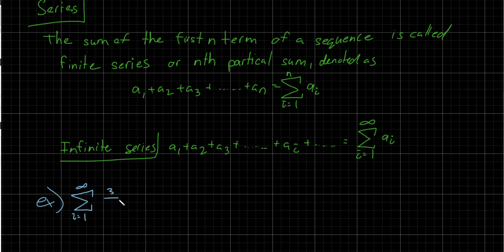We'll do 3 over 10 to the i. I want you to find two things. Is this infinite or finite? Infinite. Yep. Infinity up top, that's what we have. So find the third partial sum.